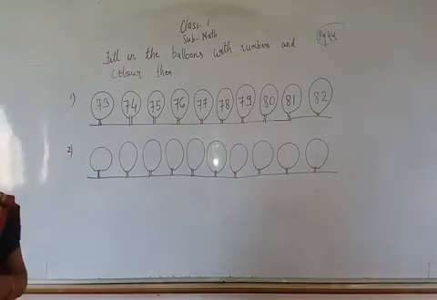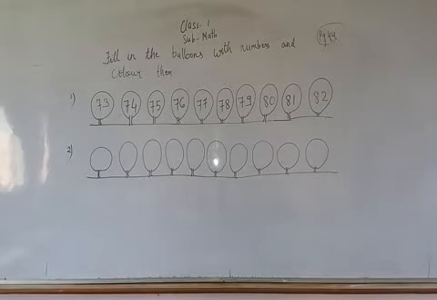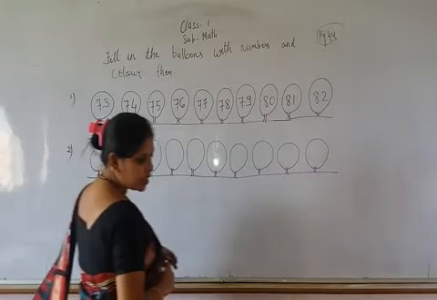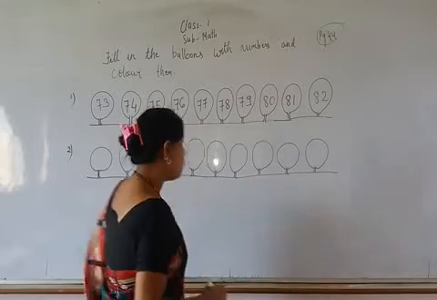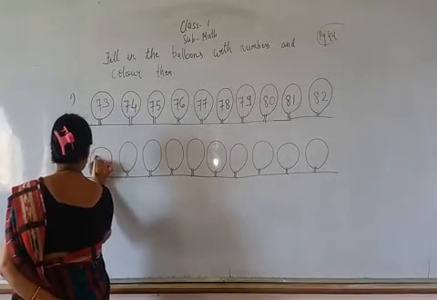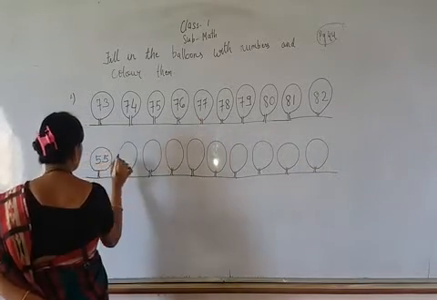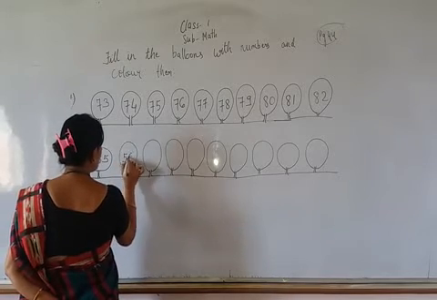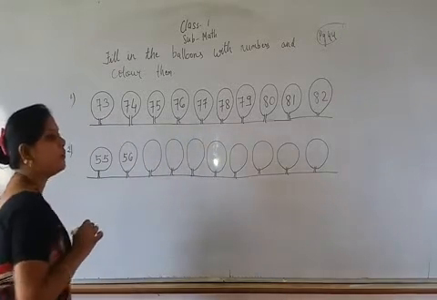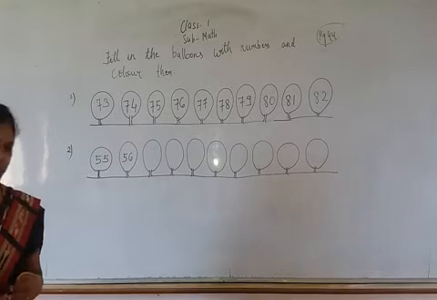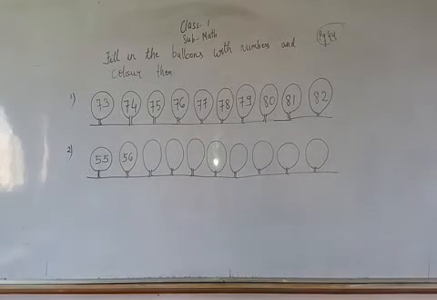So draw the next question and draw the 10 balloons. Now let's see what are the numbers written on these balloons. The first balloon is filled with number 55 and the second balloon is filled with the number 56. Okay. So draw the balloons.